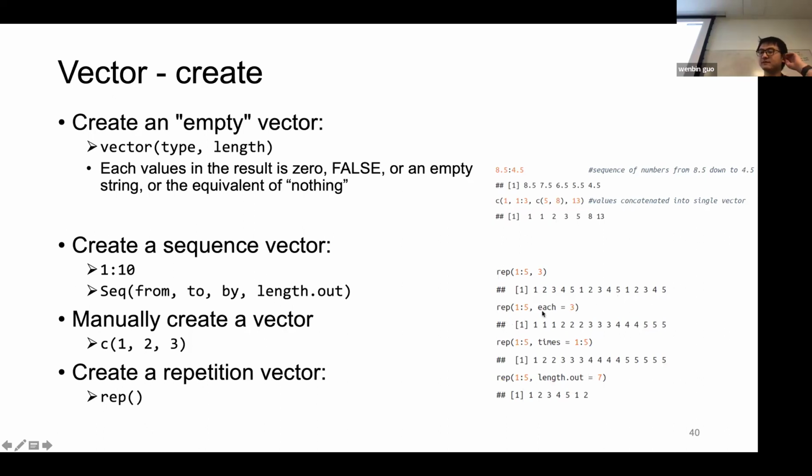You can also specify each, like how many times each of the elements is repeated. So repeat 1 for 3 times, repeat 2 for 3 times, and so on. You can also specify different numbers of repetitions for each element.